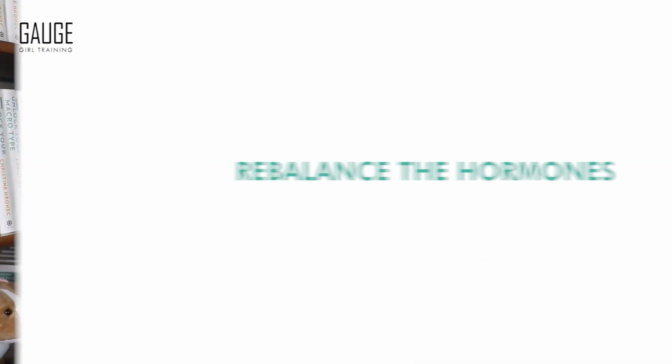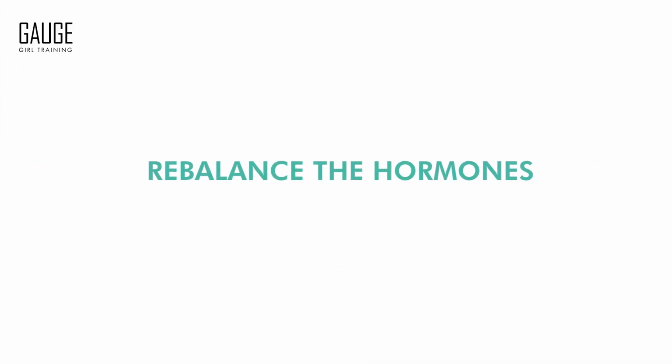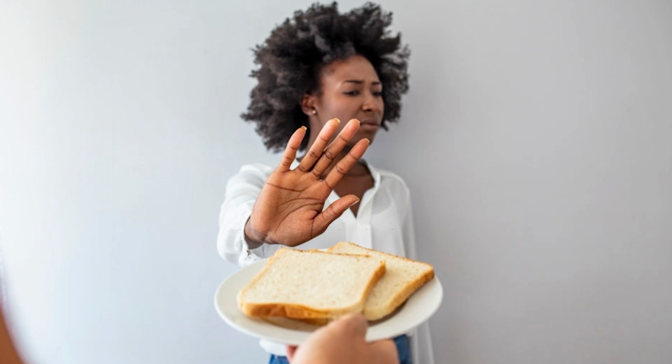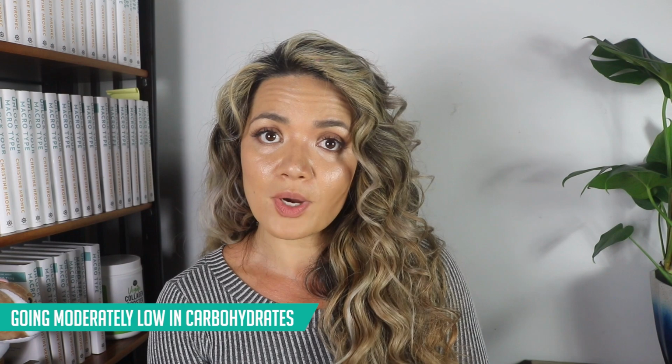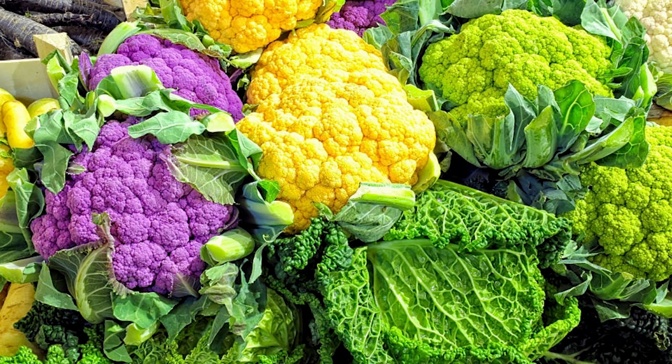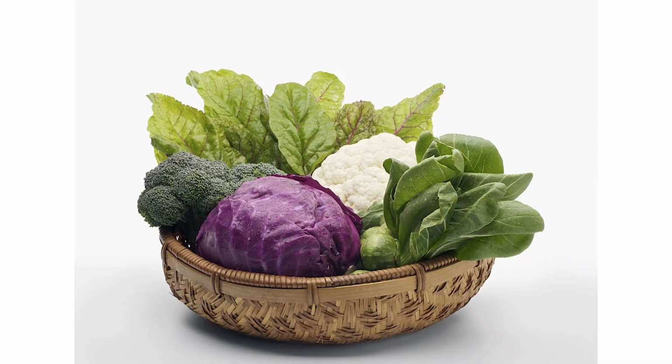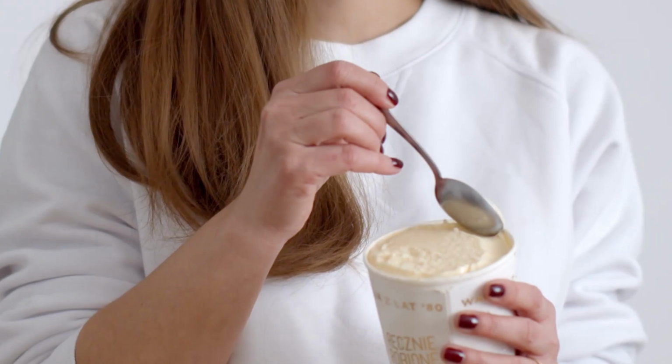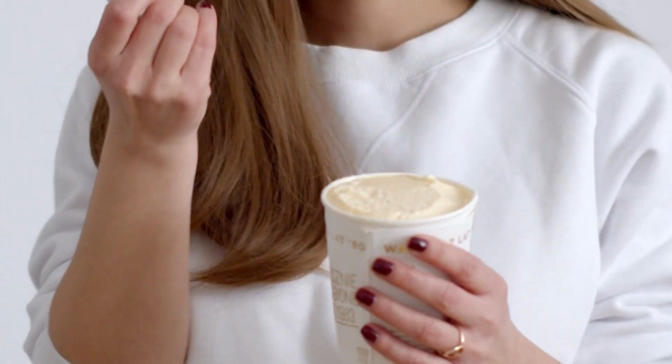So in the case of estrogen dominance, a woman's first priority does need to be to rebalance the hormones. And this does not necessarily mean eliminating carbs. It does mean going moderately low in carbohydrates, however, making a drastic shift in carbohydrate quality: more vegetables, more cruciferous vegetables, higher in fiber, and moving away from the refined sugars and starches.